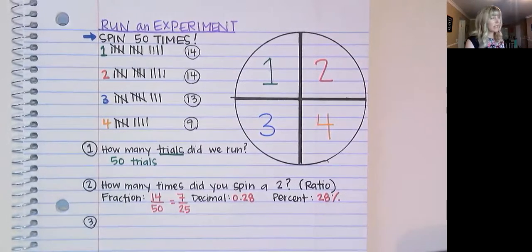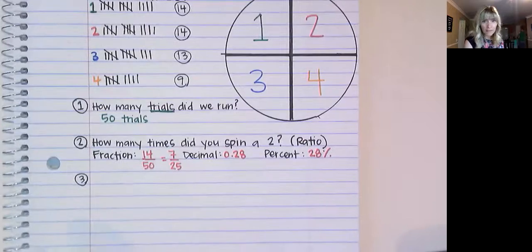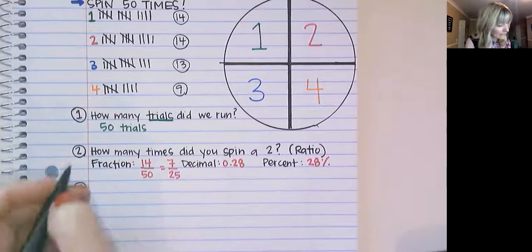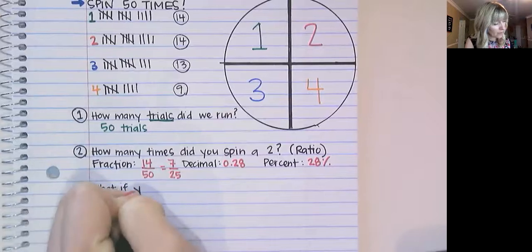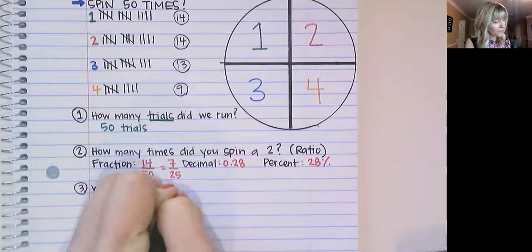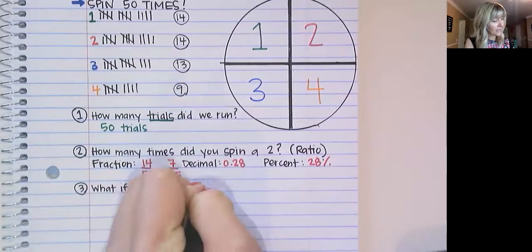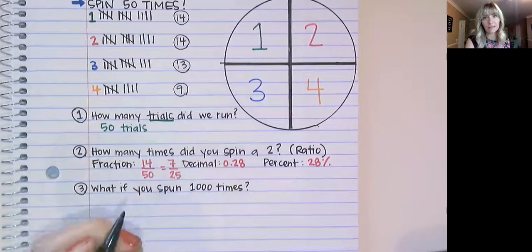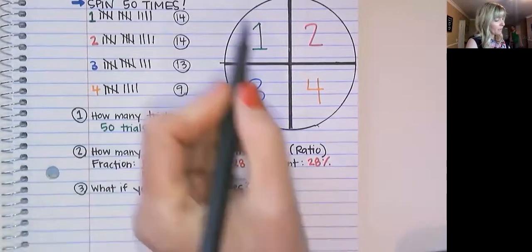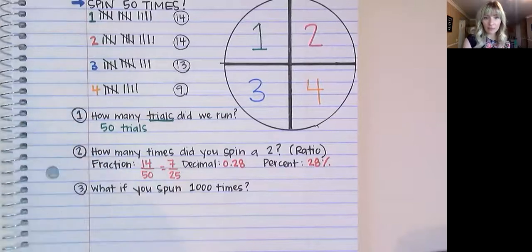Based on my experiment here, what if you spun it 1,000 times? I don't really want to do it 1,000 times, but let's take the information that I got from running my experiment.